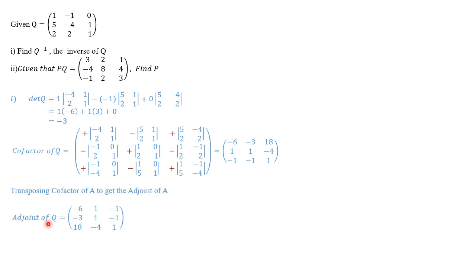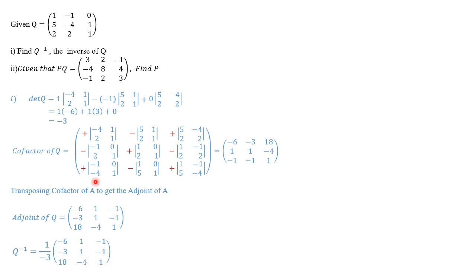So our adjoint of Q is obtained by interchanging the rows and the columns. Now we can write our inverse. So the inverse of Q is equal to 1 over minus 3, then minus 6 1 minus 1, minus 3 1 minus 1, 18 minus 4 1. So that's our inverse here.